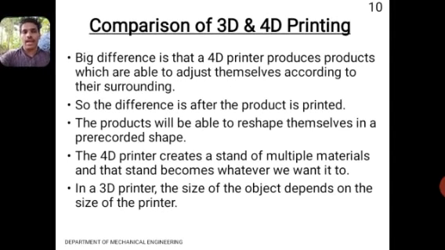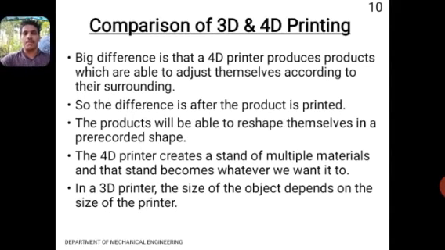Comparison of 3D and 4D printing. There are so many difference between 3D printer and 4D printer. The big difference is that a 4D printer produces products which are able to adjust themselves according to their surroundings. So the difference is after the product is printed.